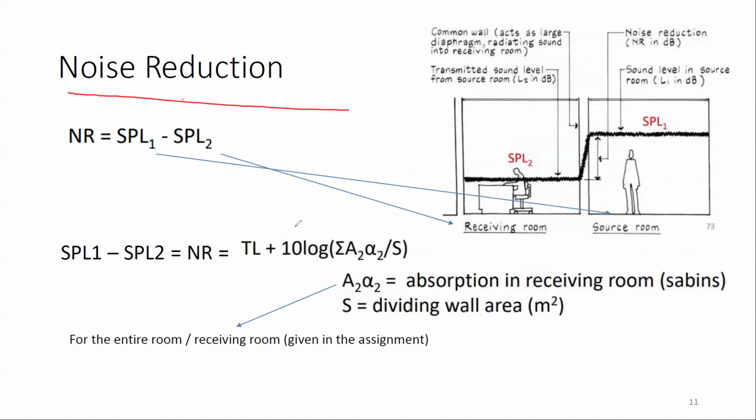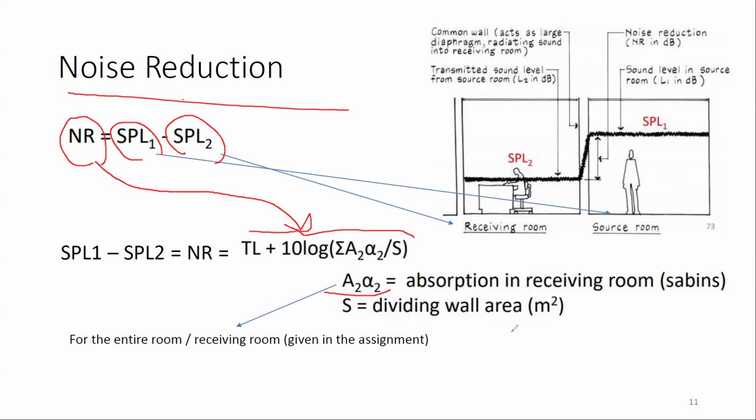The next idea is noise reduction, or NR, and you have SPL1 and SPL2, and it's a simple subtraction. But normally it's not that simple because you have to essentially expand this to this. And this is normally given to you. So you get that entire equation, the answer for that entire part of the thing. It's normally given.